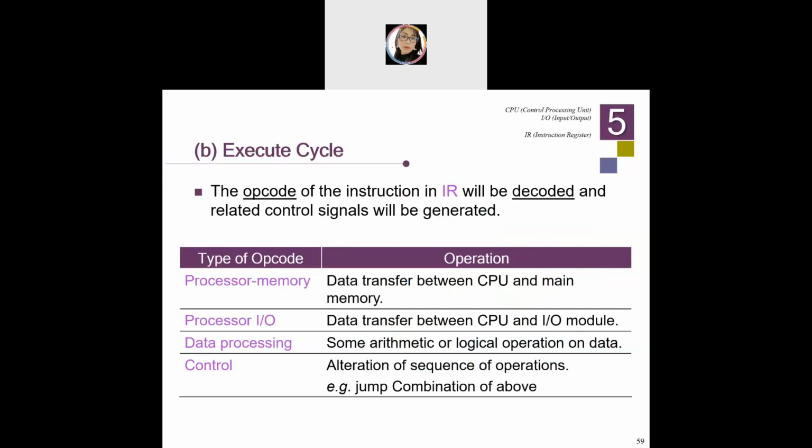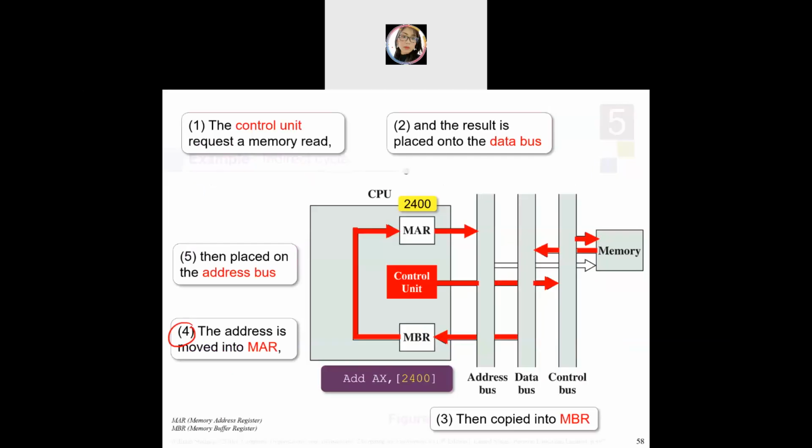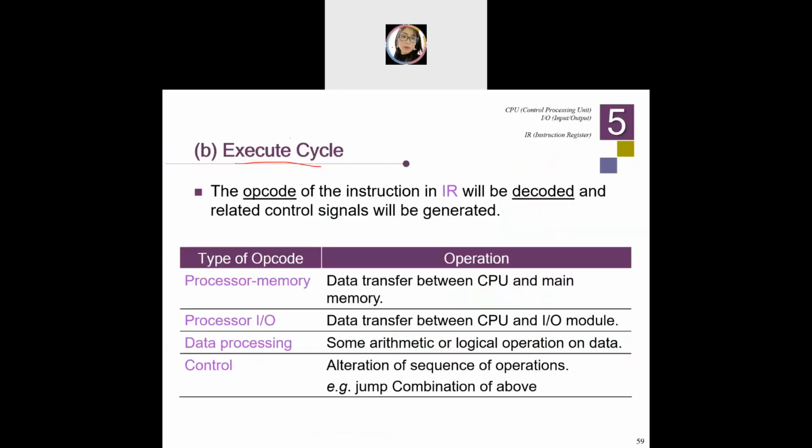Okay, next we continue with the execute cycle. Just now we just tried to fetch the instruction. We did not do anything more than that. After we are done, we will continue to execute.